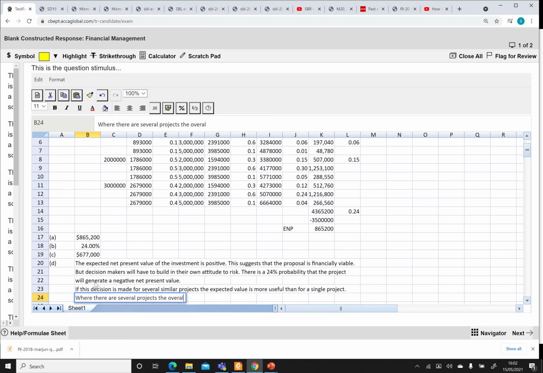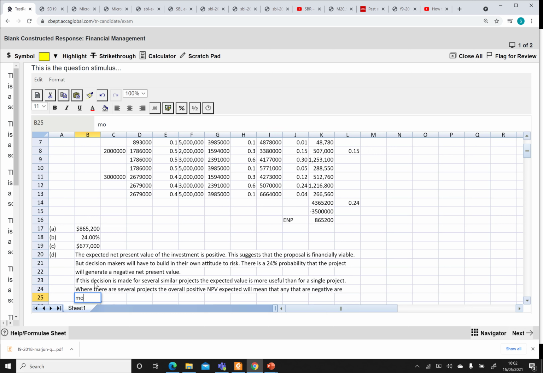The overall positive NPV expected will mean that any that are negative are most likely to be more than matched by those that are positive.